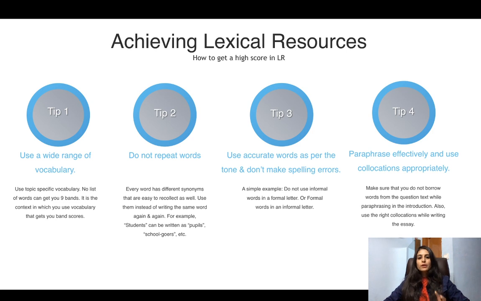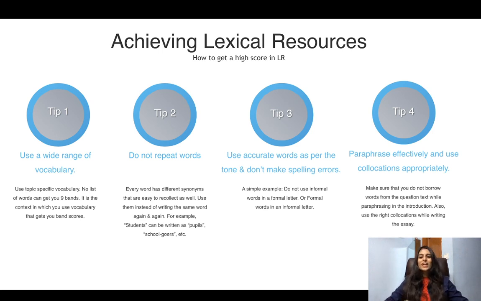Everybody who says memorize these 10 words and score 7 band score, memorize these 20 words and score 8 band score in your writing, it's utterly, if I might use the word, bullshit. So do not get into these misconceptions that if you use plethora, you'll be able to score 8 band score.